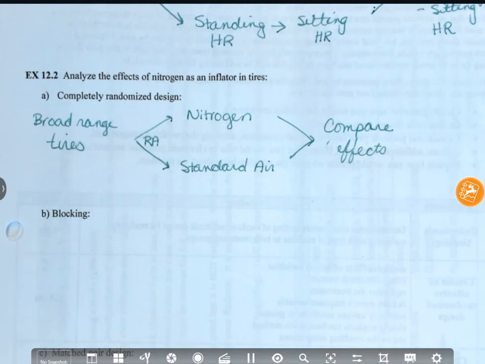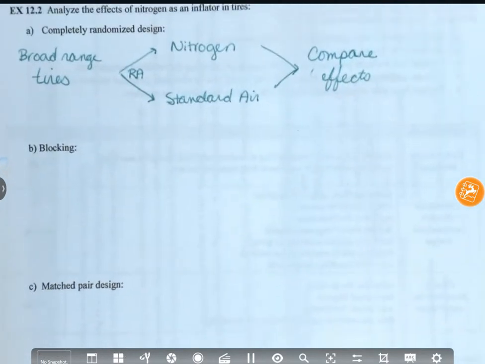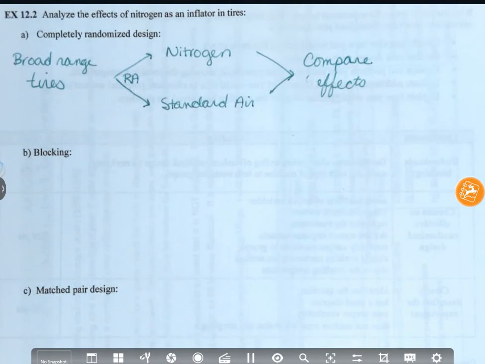Now, when do I use blocking? When they're going to group things by their characteristics. A little bit more specifically, when you know that there are characteristics that might affect how they perform. So if we're talking about tires, tell me something that you think might affect a tire's air pressure, how it performs, regardless of nitrogen.